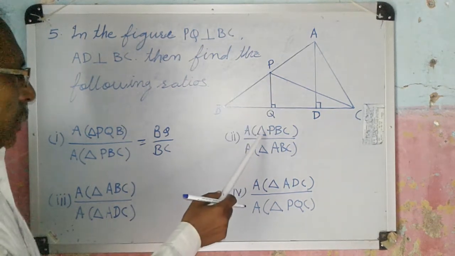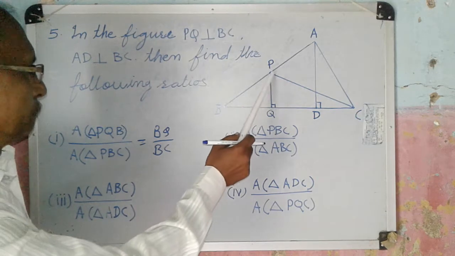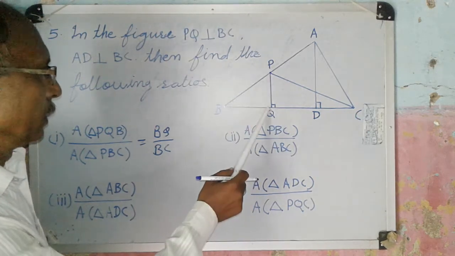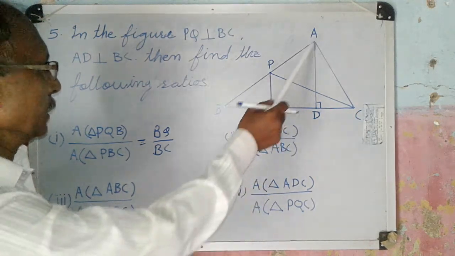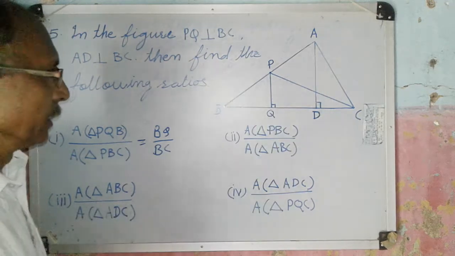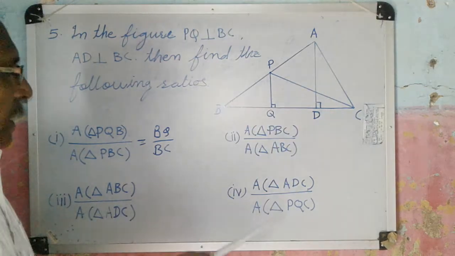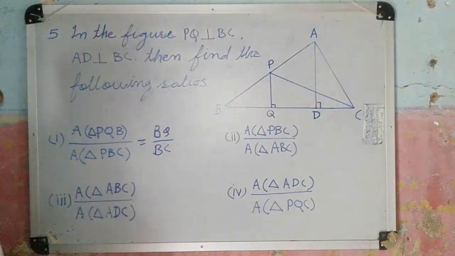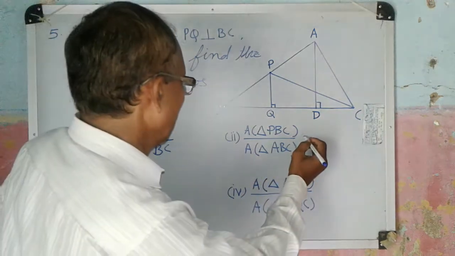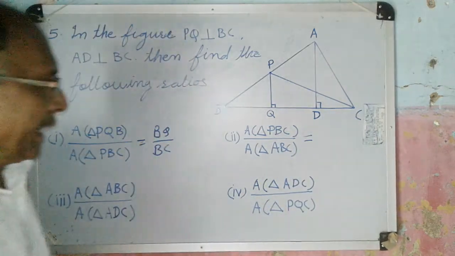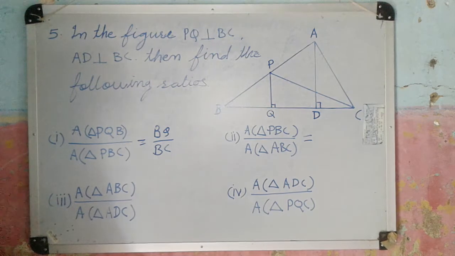The height of triangle PBC is PQ and the height of triangle ABC is AD. So these two triangles are of equal bases. Therefore the ratio of their areas will be equal to their corresponding heights.